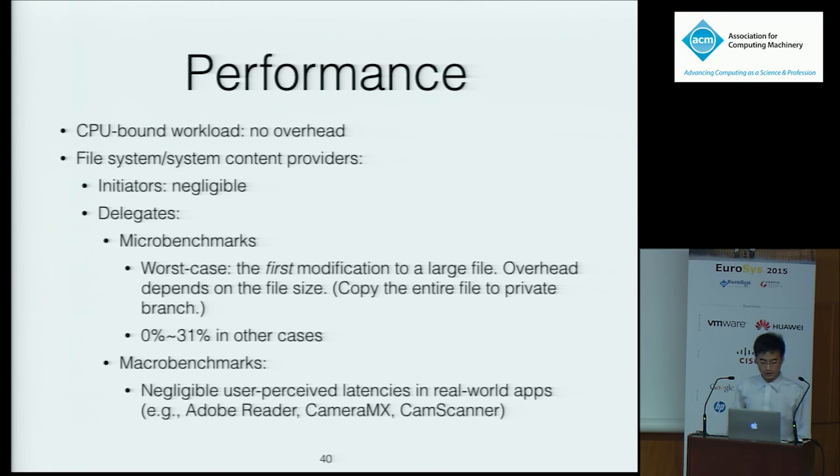And the overhead depends on the size of this file, which can be arbitrarily large. This is because we only have a per-file copy and write mechanism, and this limitation can be alleviated if we had a per-block copy and write. For other micro benchmarks, we observed between 0 and 31% of overhead.